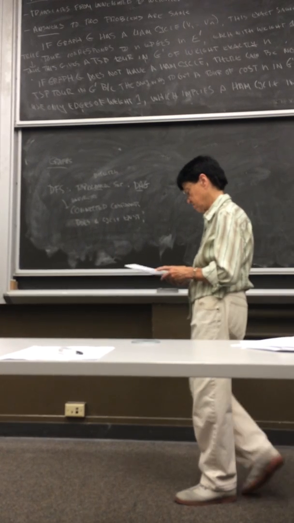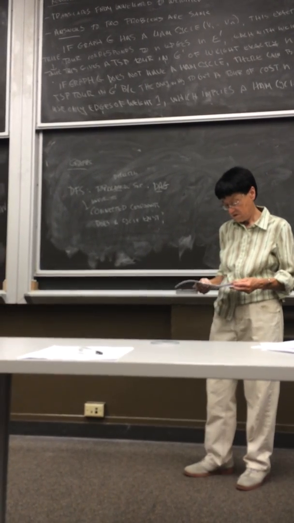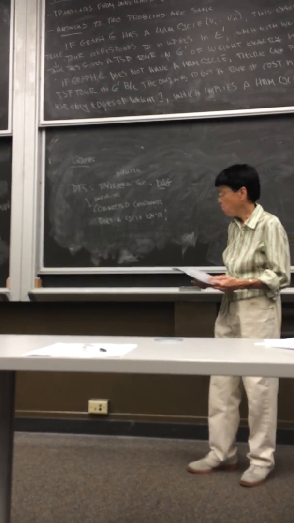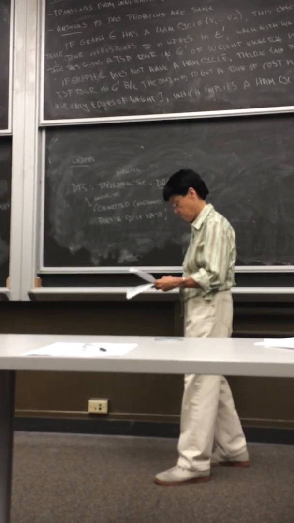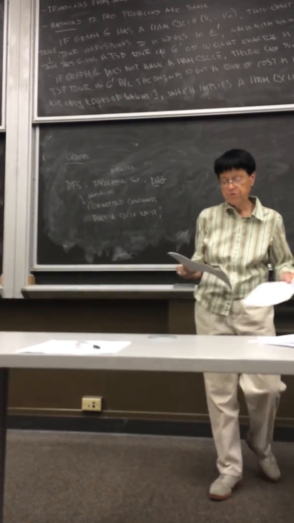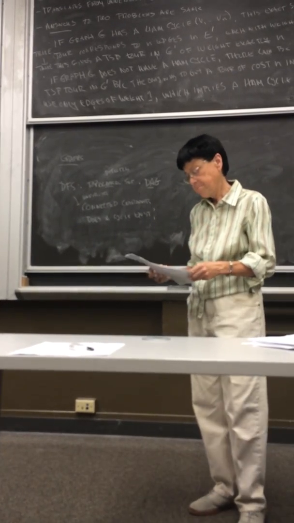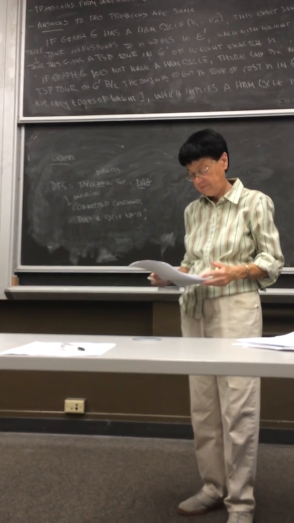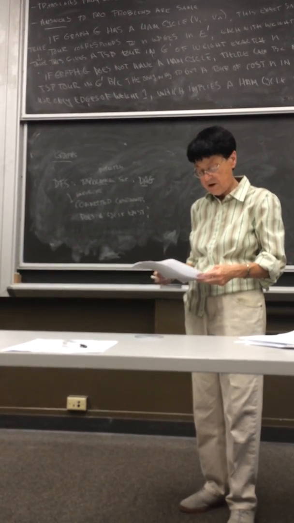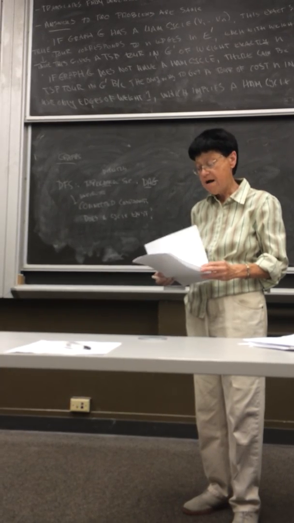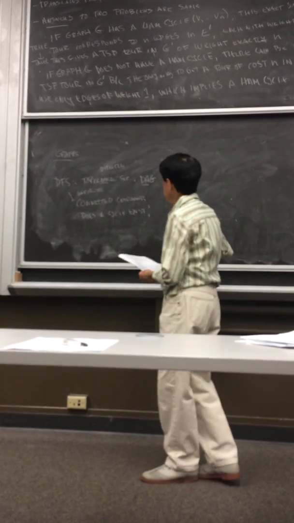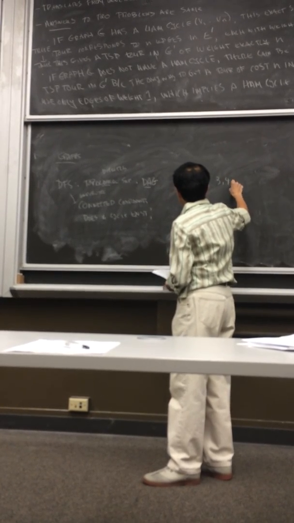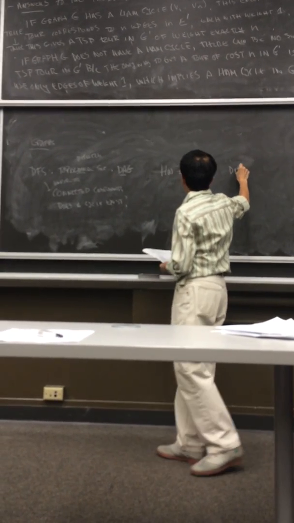On homework 7, more topological sort. That's number 1 and number 2. Then numbers 3, 4, and 5 on homework 7 are Dijkstra. Study those.